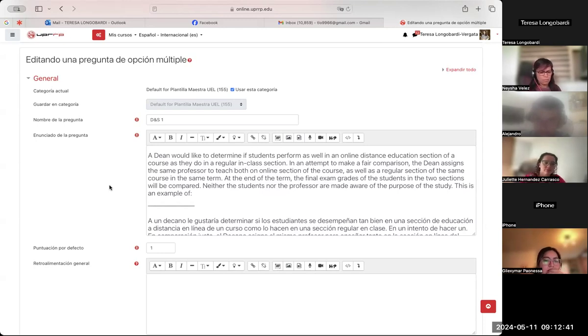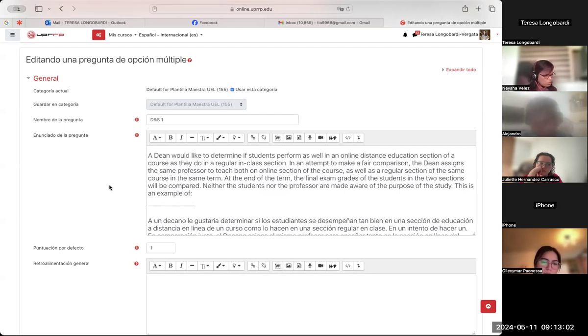So a dean would like to determine if students perform as well in online distance education sections of a course as they do in a regular in-class section. To do a gold standard study, they should create an experiment and randomize students into the sections.